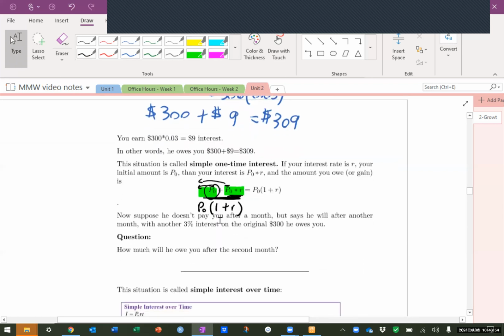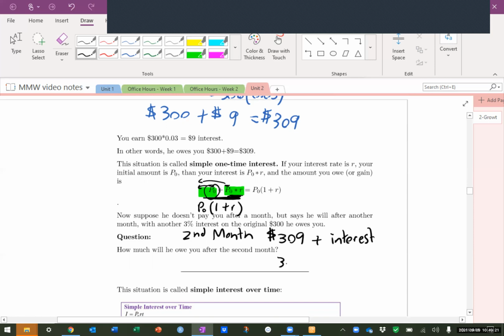Okay, what if he says, I can't pay you the second month, but I'll pay you another 3% on the original $300. So after the second month, he will owe you $309 plus the interest on the original amount.